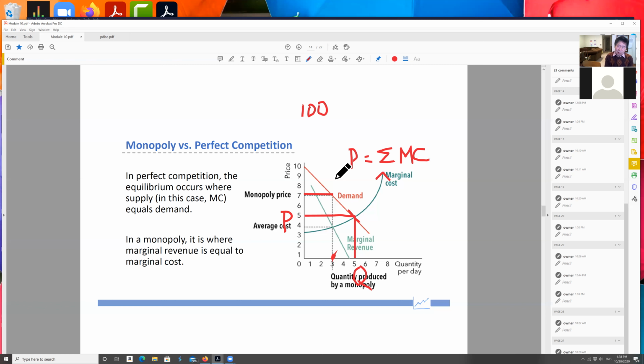Or we can call Socrates or some other philosophers from history and let him be in charge of this monopoly firm. Would that still be bad? And the answer is yes.